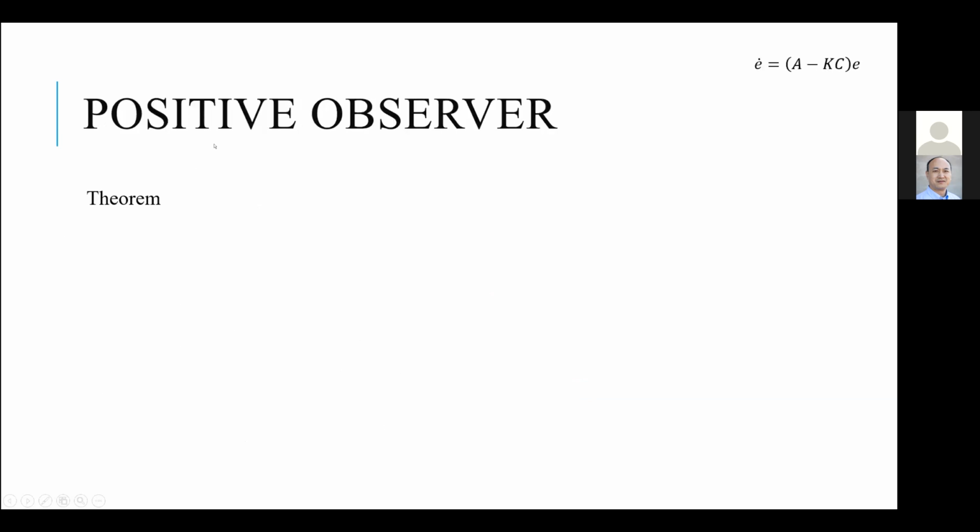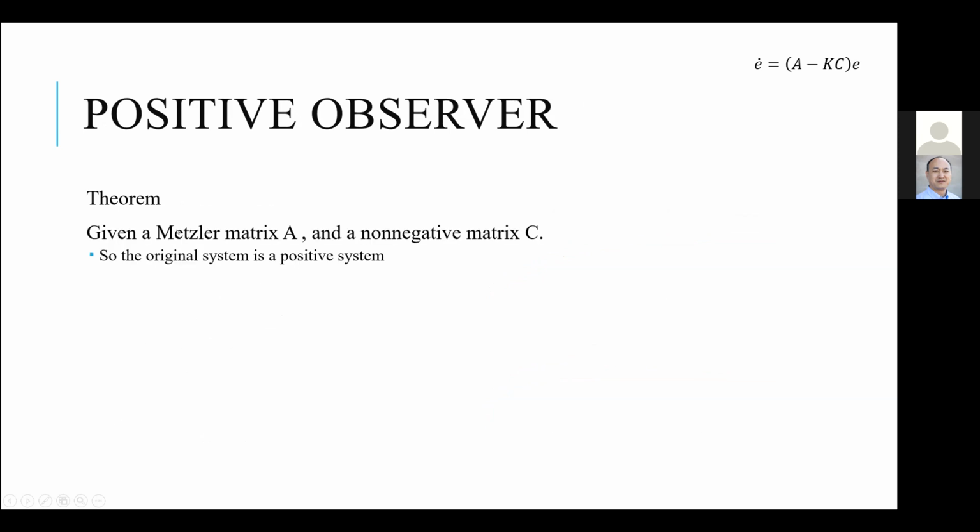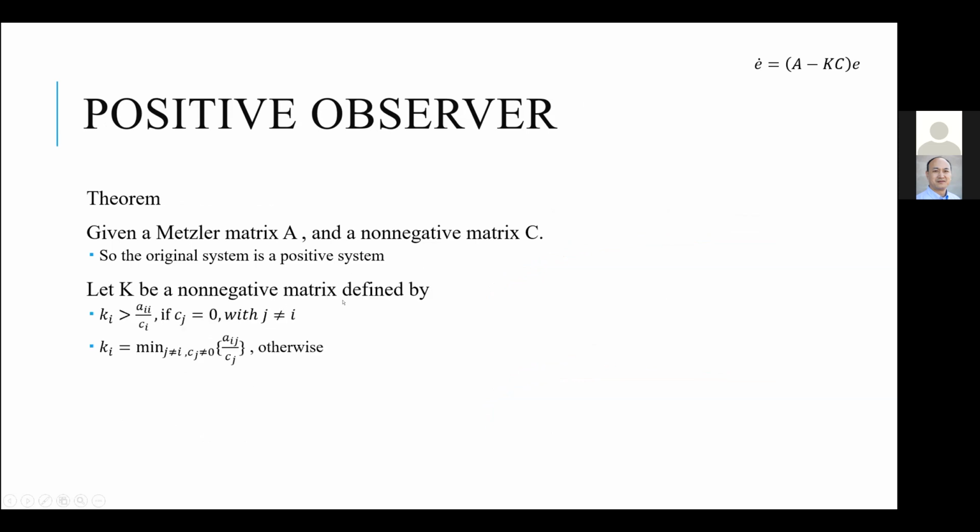And then positive observer. The positive observer is very interesting because you want the observer to be positive and you want the system to be also positive, or vice versa. So for a positive system, basically you are making a positive observer, so the observer matrix, which is A minus KC, is positive. For this theorem, just go through it.